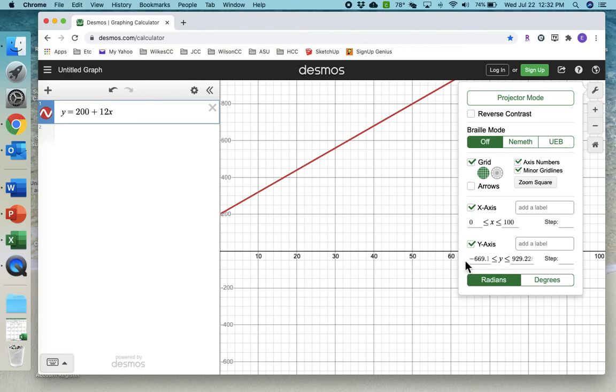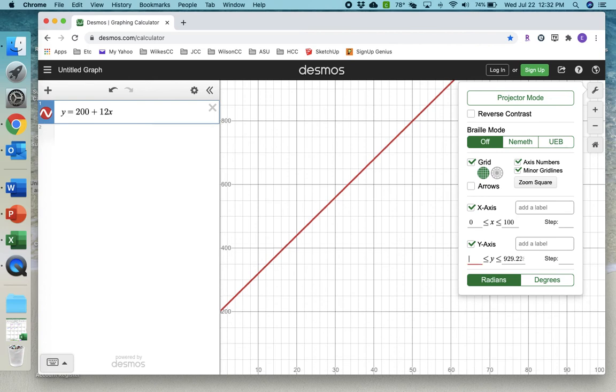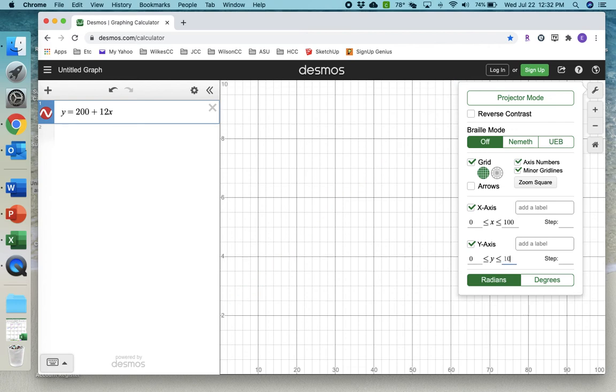And then the y-axis, again, we don't want negative numbers, so we can start at 0, or we could start at 200 because we know the price is going to start there. But so we can see it better, I'm going to start at 0. And I'll go to 1,000 again. Then we can click off.